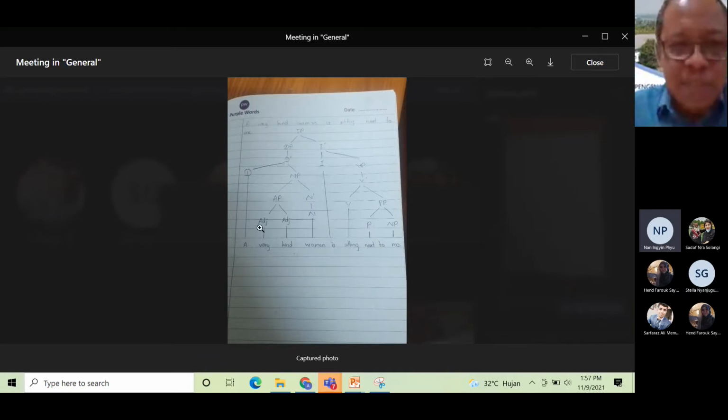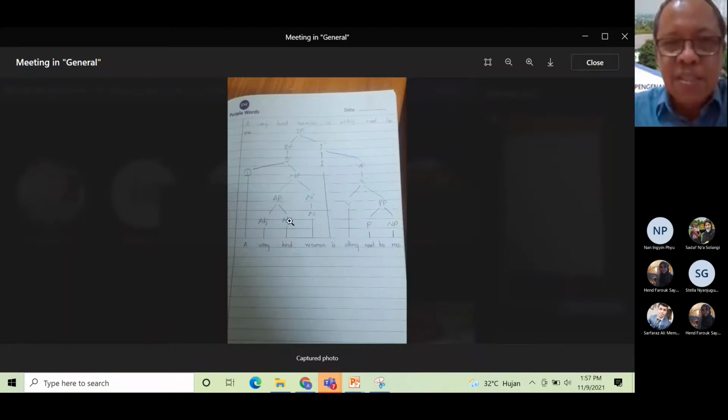And then here, the word "very" is the adjunct of "kind." You see, "very" is the adjunct of "kind." From the adjective phrase, go to A bar first, and then you have an adverb. "Very" is not an adjective, but an adverb.